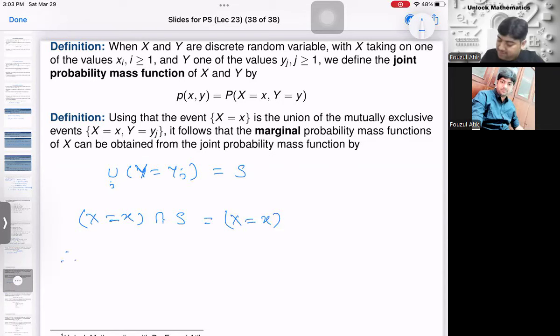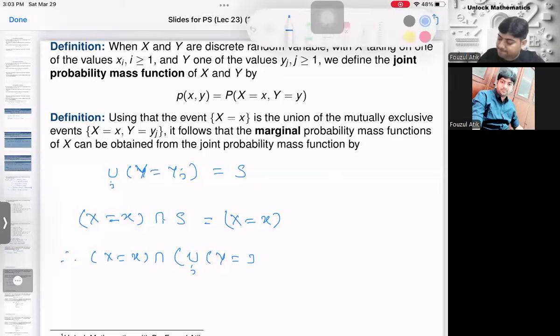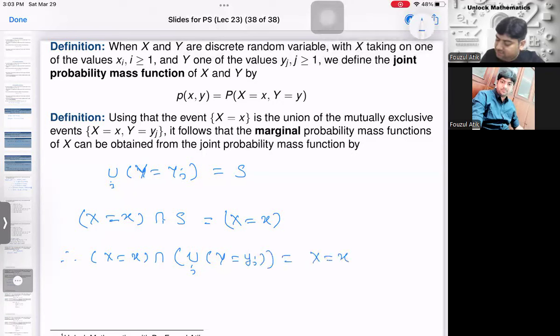If I write, X is equal to x, I can write it as the union over j of y equal to yj. And these are all mutually exclusive, y equal to yj and all.